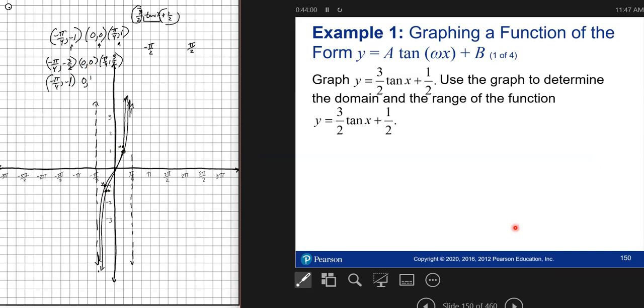So this is 0, 1/2. So this point got moved up to here. And this one, pi over 4, 3/2. I add a half to 3/2, which gives me 2. So this point got moved up to here. So now it's going to be between those two.